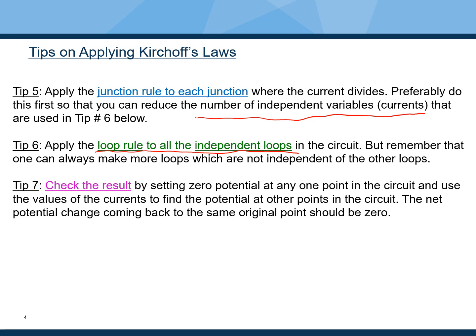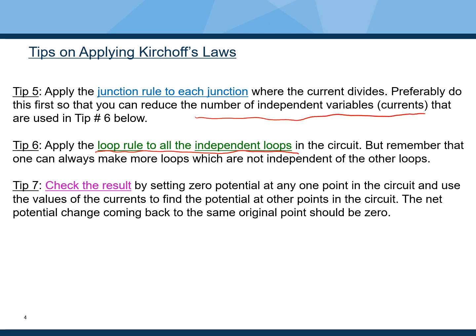And tip number 7 says, set the potential to be 0 at any point and go around each of the loops that you're considering, and make sure that for whatever direction of current you eventually got, you have 0 voltage drop as you go around that loop.